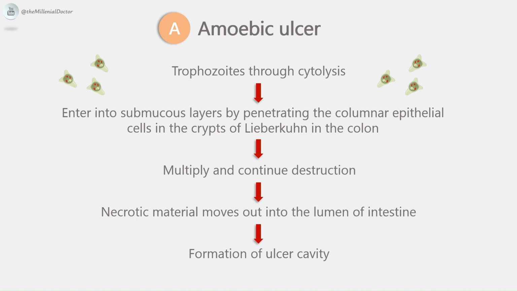Tissue necrosis is also caused by the lysosomal enzymes of the inflammatory cells surrounding the trophozoites and pro-inflammatory cytokines like interleukin 8, also called as IL-8, and tumor necrosis factor alpha or TNF-alpha released from these cells. The necrotic material moves out into the lumen of the intestine, leaving behind an ulcer cavity.